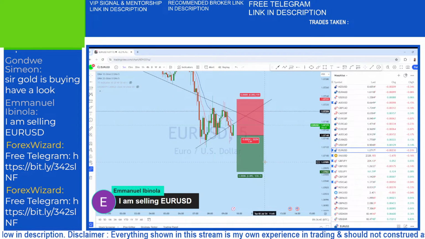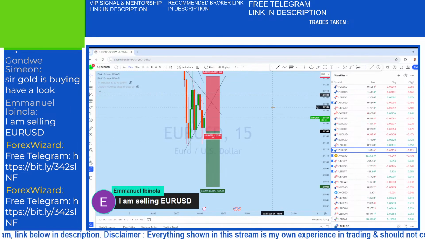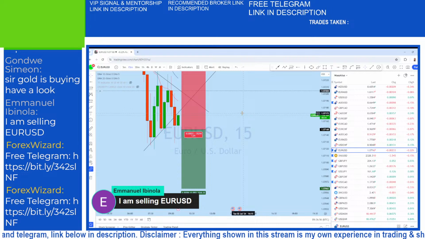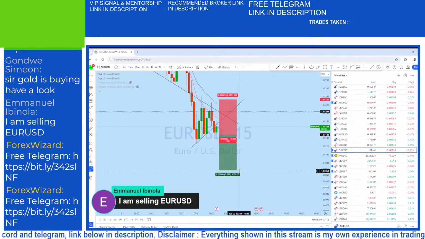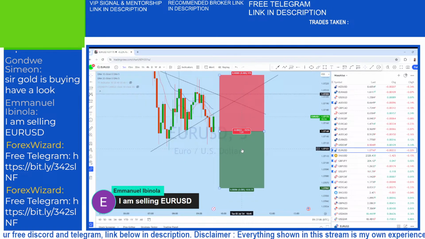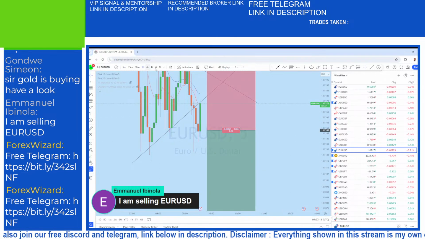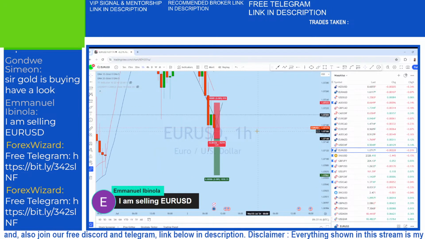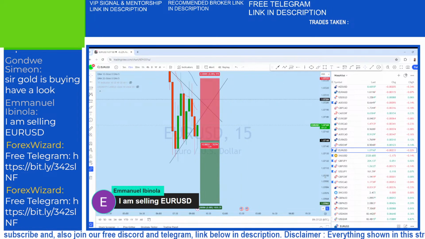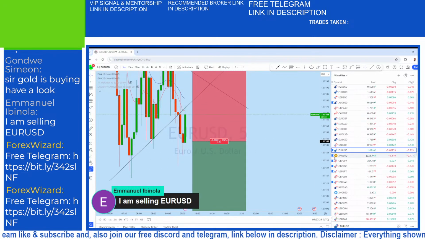Okay. All right. So we see that EUR/USD is now in a pullback. Okay, so what you can see here is a pullback, and expecting it to break below and then to trend in that direction. This is what we are waiting on. Yeah.